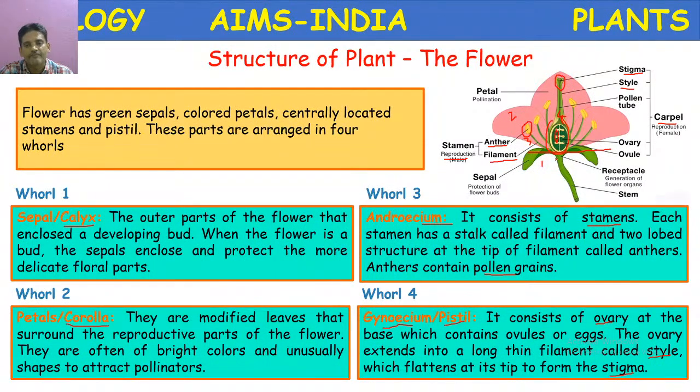If you take the cross section of a flower, you can clearly see the arrangement of ovules, or we can also call them eggs. These are the female reproductive gametes. Male gametes are called pollen grains, female gametes are called ovules or eggs.